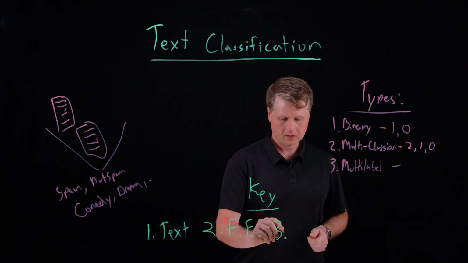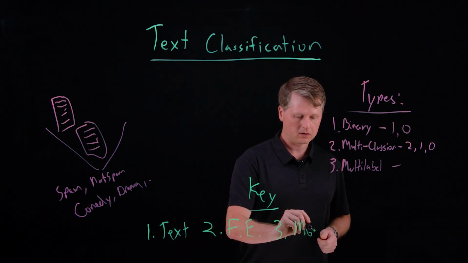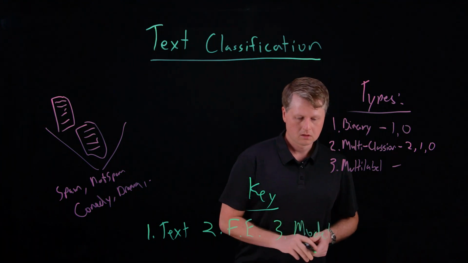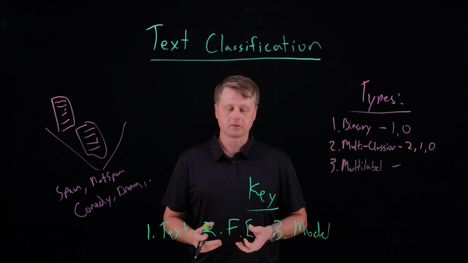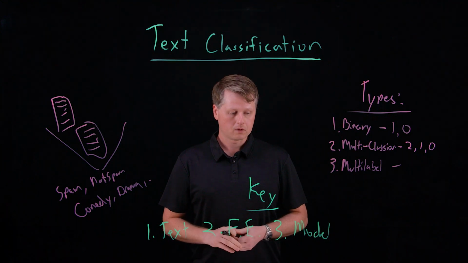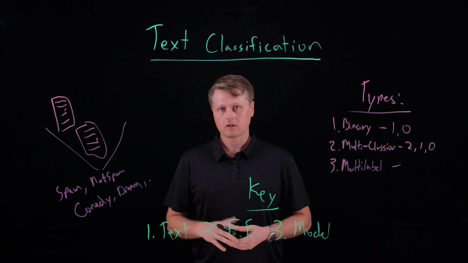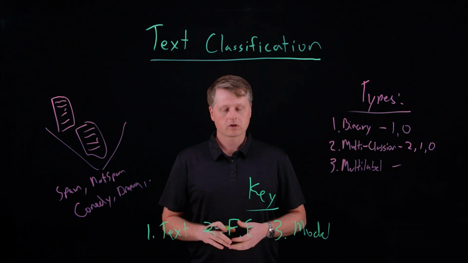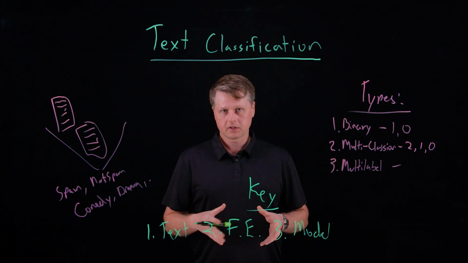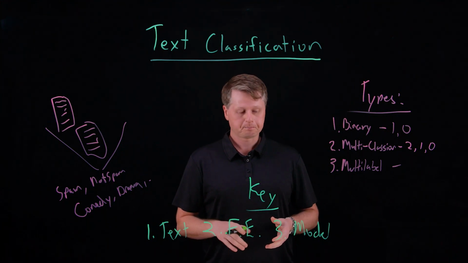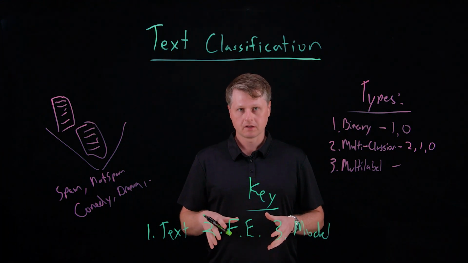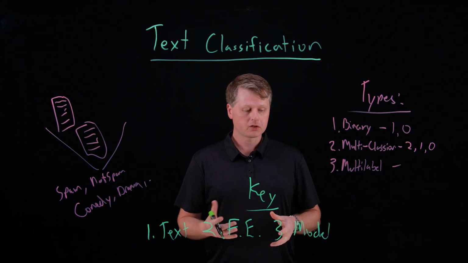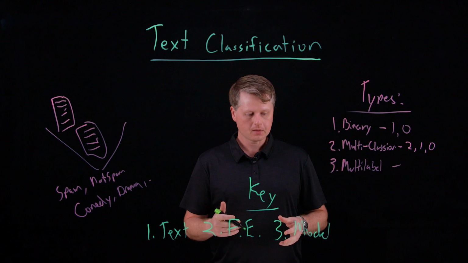The third is the model. So when I say model, I mean a large language model like ChatGPT or a Granite model or a BERT model. And depending on what you're trying to classify, different models are pre-trained with their own types of text.